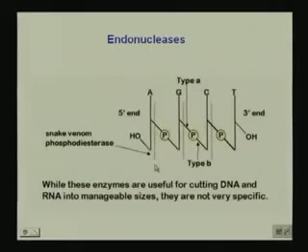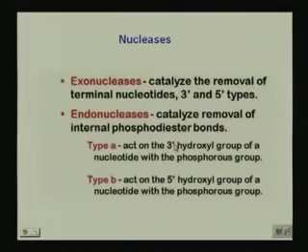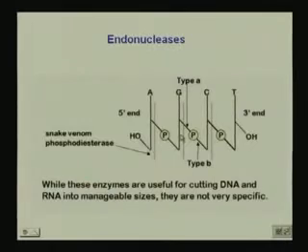Okay. So, we have the 5' end and the 3' end. The type A acts on the 3' hydroxyl group. So, we have our AG. What is this part? This is the 3' of this, right?